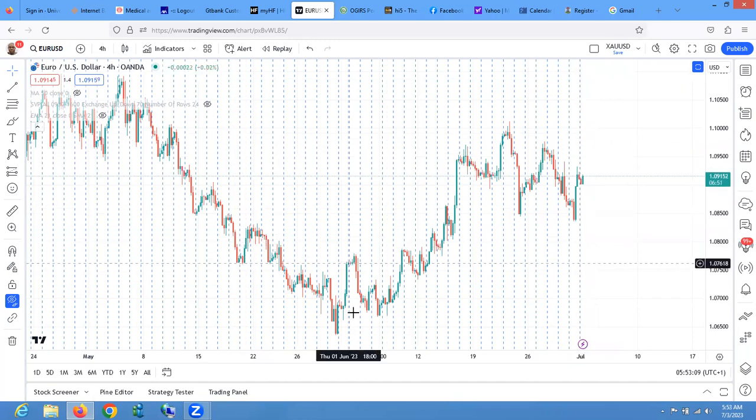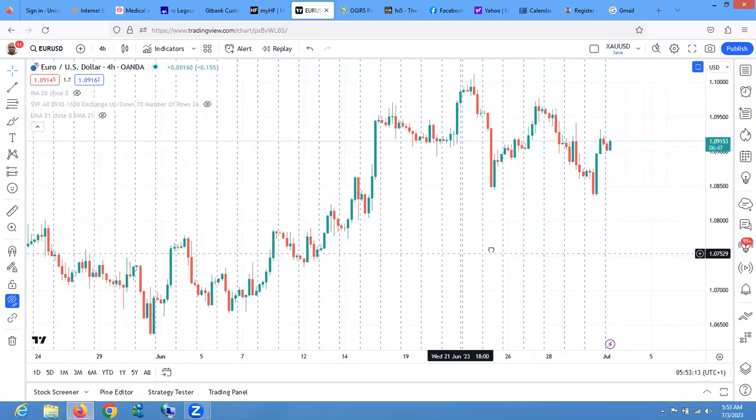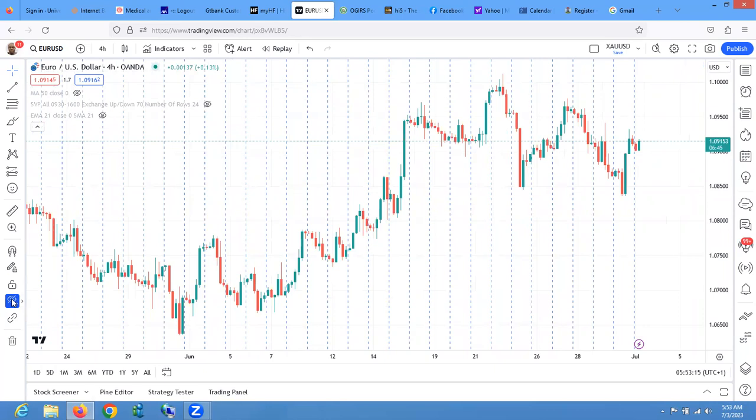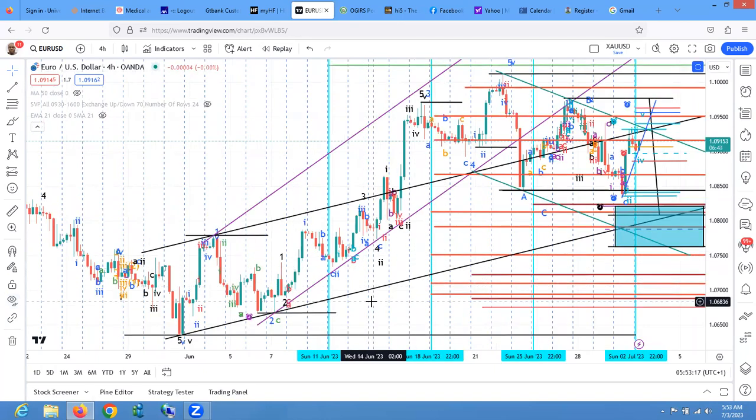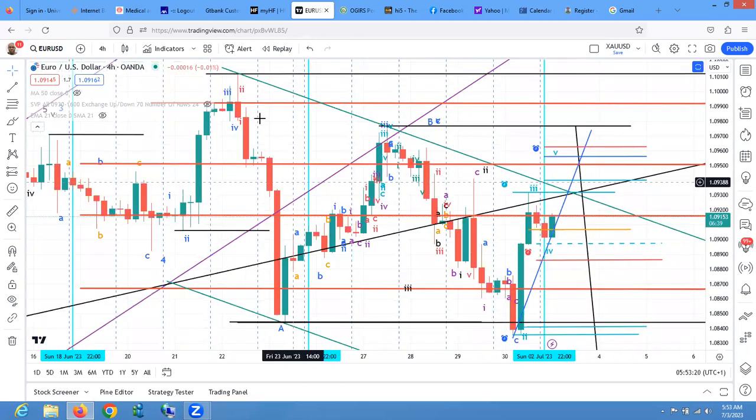So if I may zoom now, this is what I'm talking about. So you can see the top and the price. If this is going to complete the fifth wave, it's going to break the top. So we're going to see the manner in which it's going to break the top.